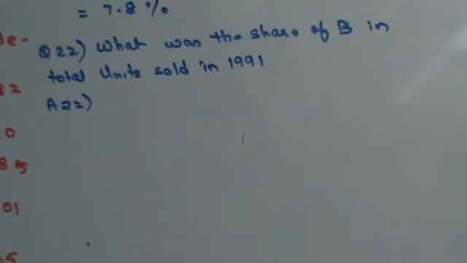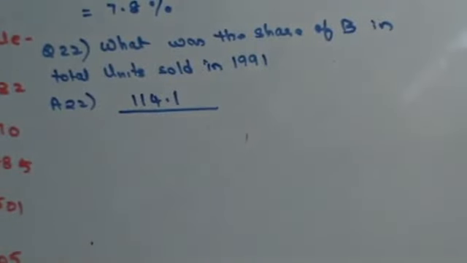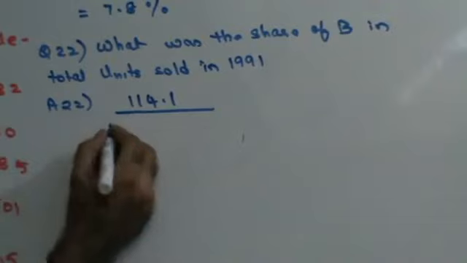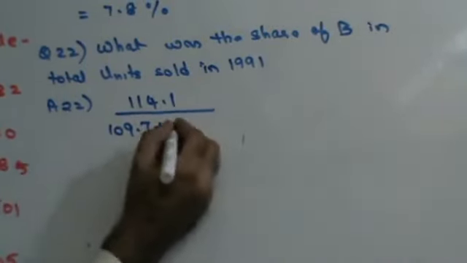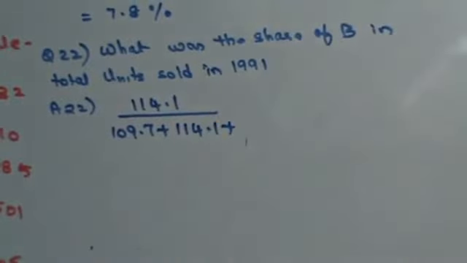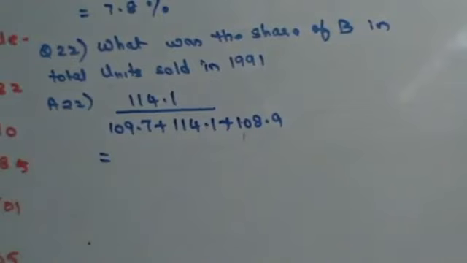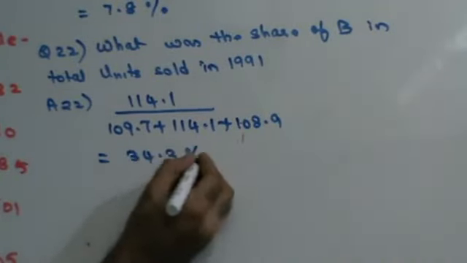In 1991, I have sold 114.1 units of B. The total units sold in 1991 is 109.7 plus 114.1 plus 108.9, right? Which should come to approximately 34.3%.